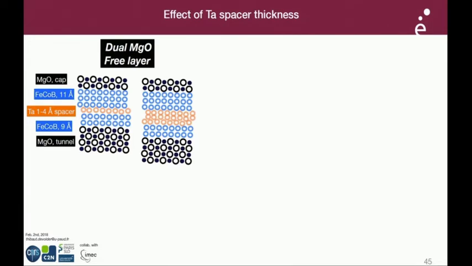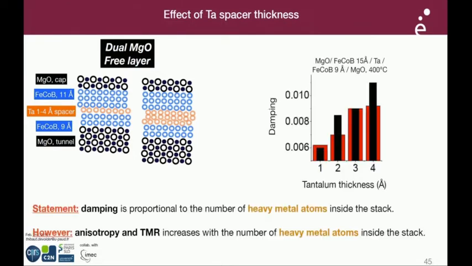Johan Swerts and Sébastien Couet prepared a series of samples with variable tantalum spacer thicknesses, and I measured the damping, and as you can expect, the damping is increasing with the tantalum thickness in the middle. So this is another confirmation that essentially the number of contaminants that you put initially in the structure is the key factor to determine the final damping that you will have after 400 C annealing.